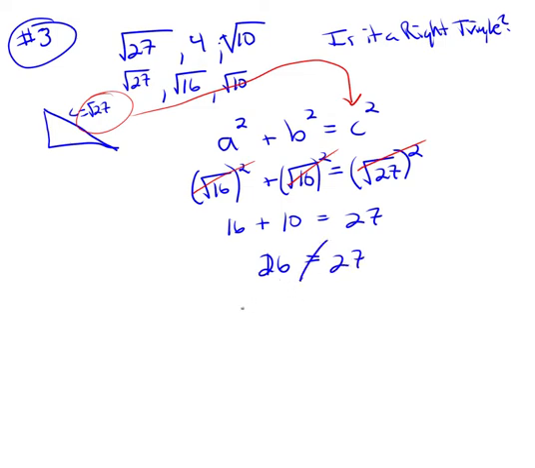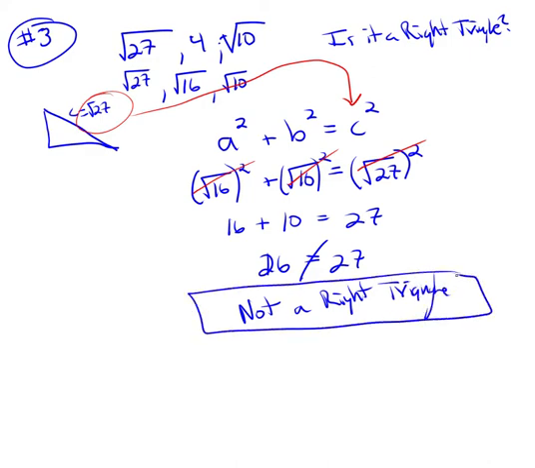So it's not a right triangle. We can state that it's not a right triangle because we have all of this math work to prove that it is not. You need that evidence to back up your claim.